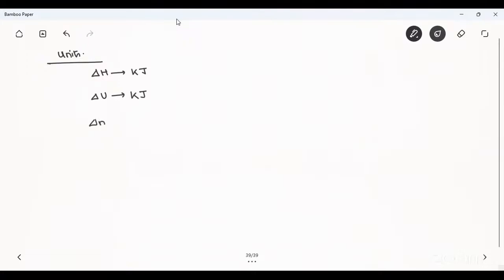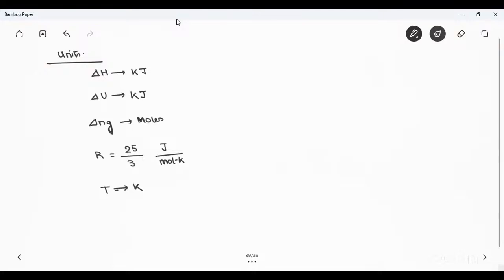Delta n_g is just moles. Then R: the value of R here you will be taking as 25/3 joule per mole Kelvin. This is something like 8 point something, but for the sake of calculation, I am writing it like this. And temperature you will be taking in Kelvin.